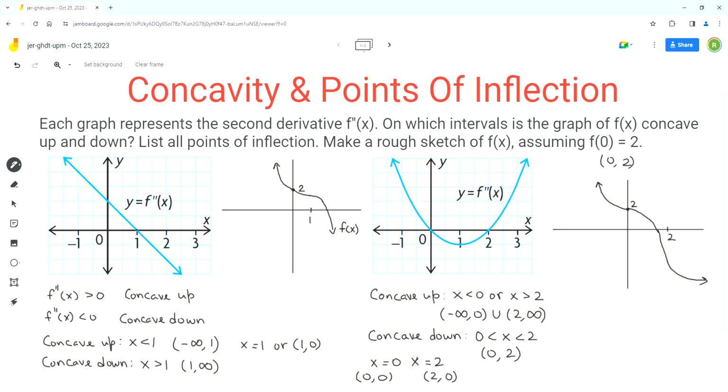So we can see that the graph changes its concavity at x equals 2. So this should be the sketch of function f at x for the second graph of f double prime at x. So these are the steps you have to keep in mind to solve a problem like this one.